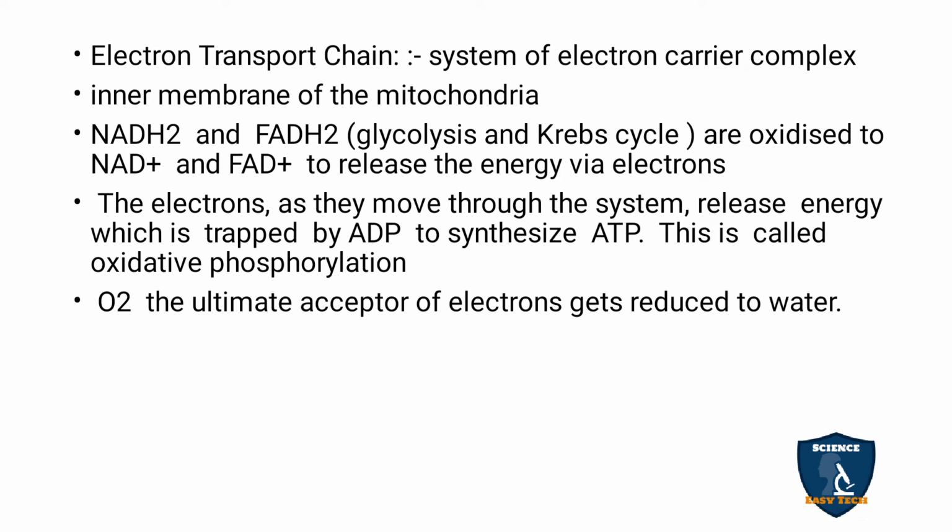The electron carriers are NADH2 and FADH2. These you get from the glycolysis and Krebs cycle steps, and they are oxidized to NAD plus and FAD plus. At that time the energy is released and stored as ATP.